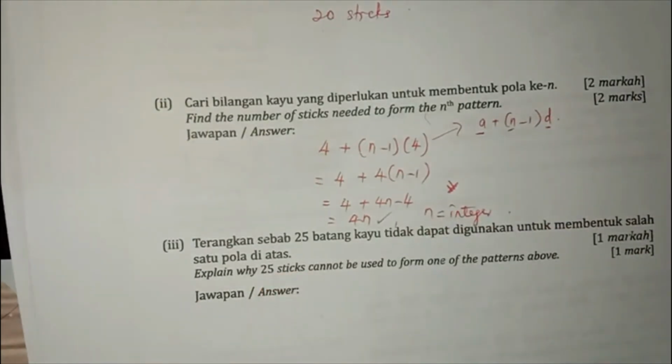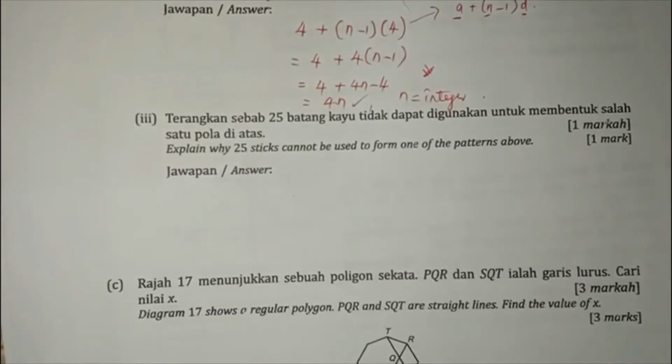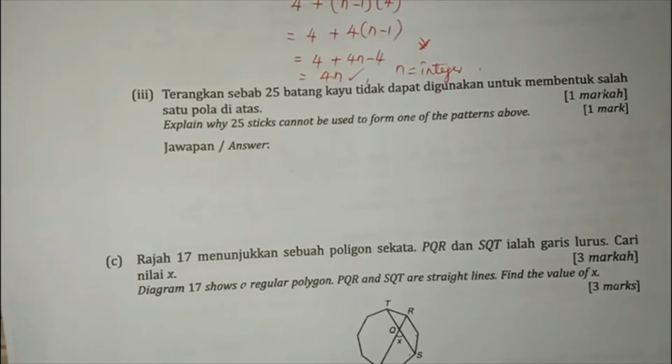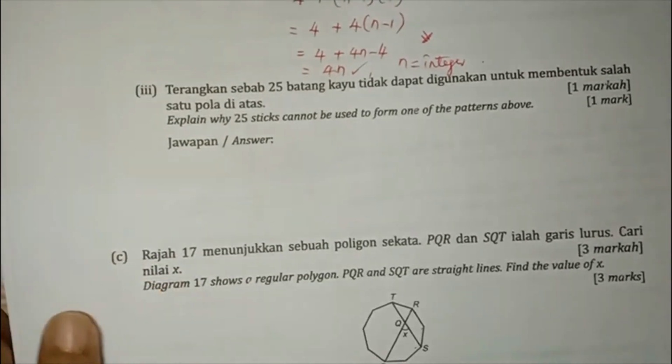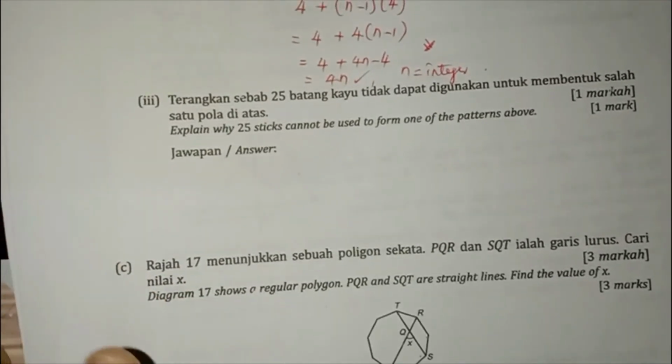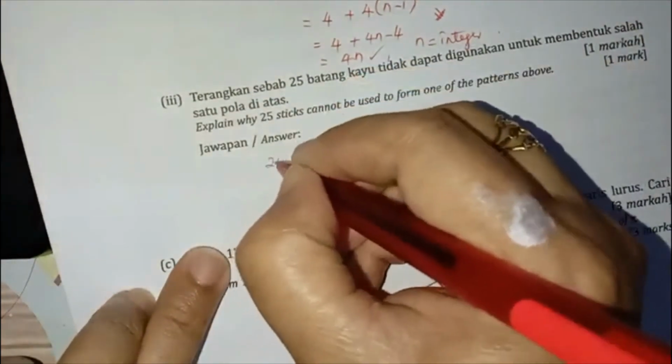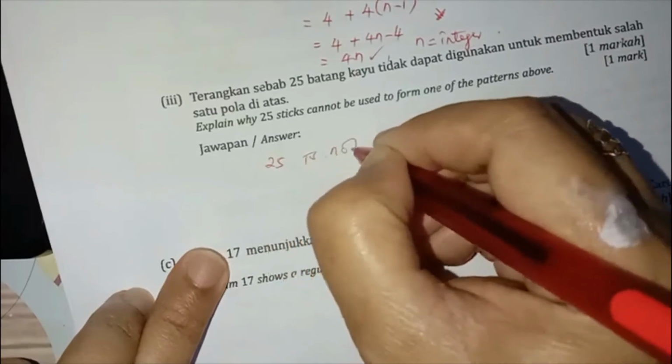4n. Explain why 25 sticks cannot be used to form one of the patterns. Because 25 is not an even number and not a multiple of 4.